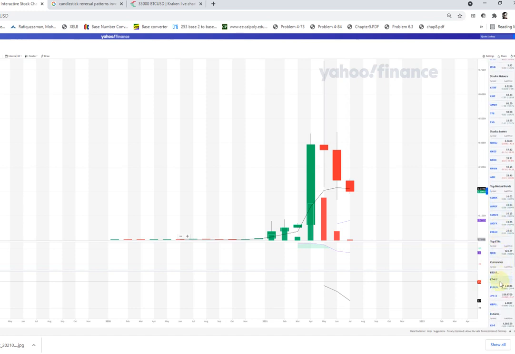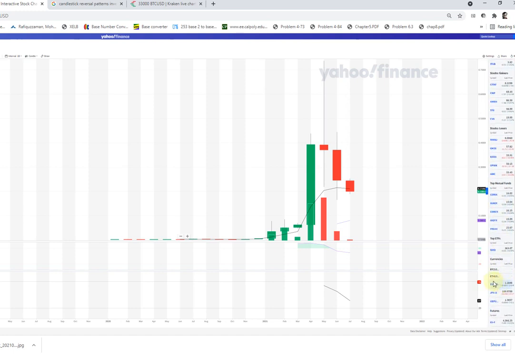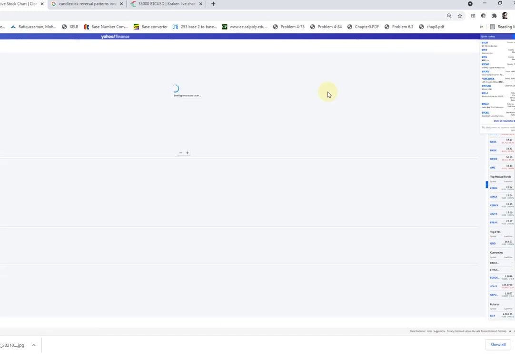Bitcoin has more data than Doge. So let's just go to BTC right here. Sorry, I'm trying to get the crypto. Damn, my computer is so laggy. It's so old and so laggy. Oh well.